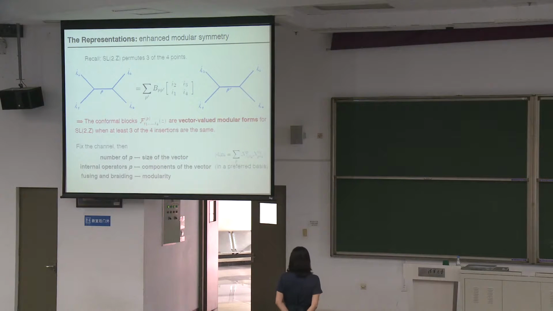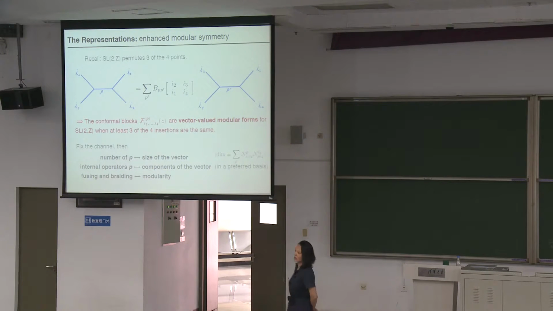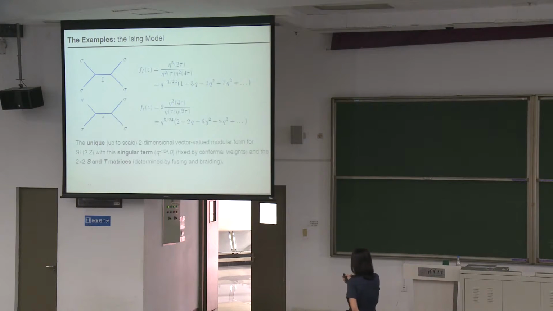Namely, your blocks are vector valued modular forms for SO2Z with precisely the same kind of dictionary working. So that all sounds fine. So how does it look in practice? Well, let's start with the simplest example. The Ising model. We know what their conformal blocks are in terms of the z variable, the cross ratio.